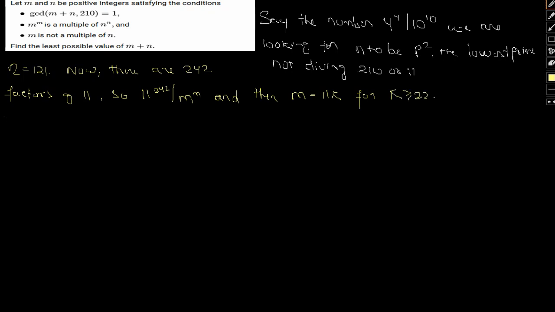So now what we have is GCD of m plus n comma 210 equal to GCD of 11 plus k comma 210 equal to 1.